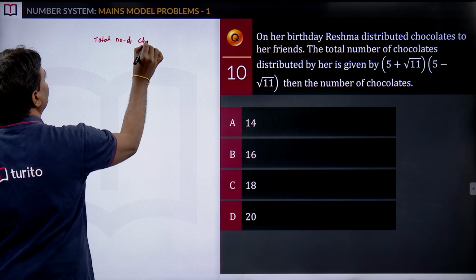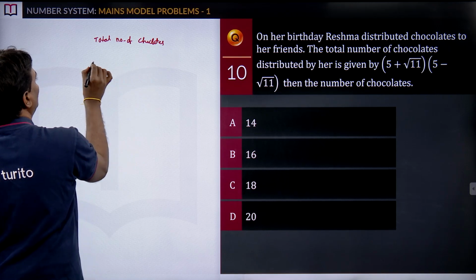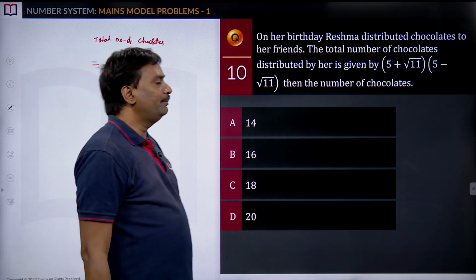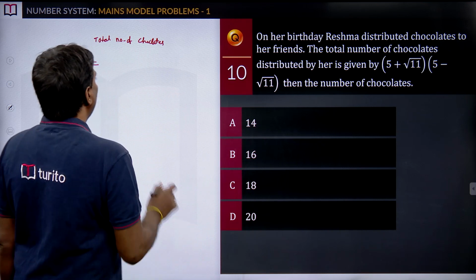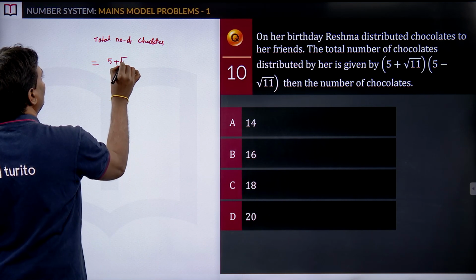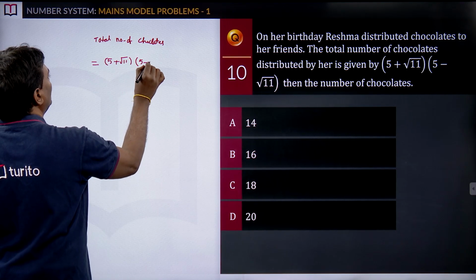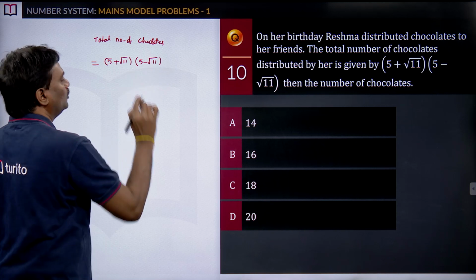Total number of chocolates equal to (5 plus root 11) into (5 minus root 11).